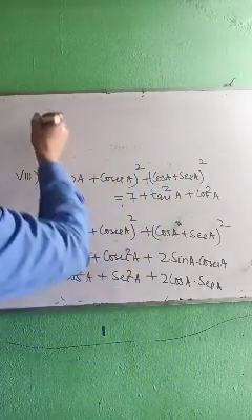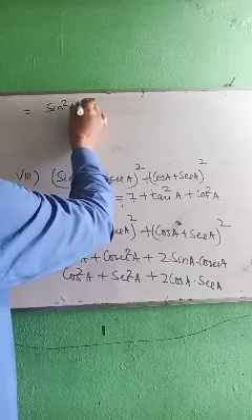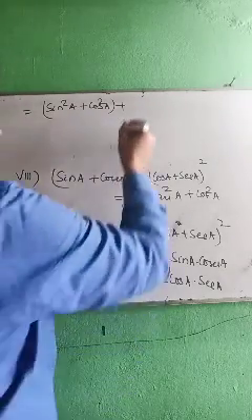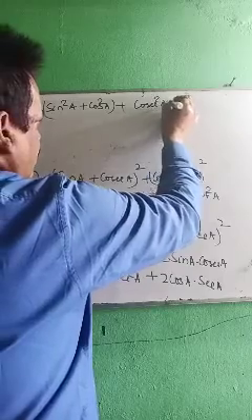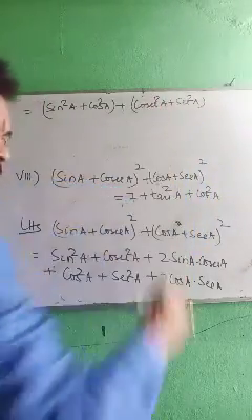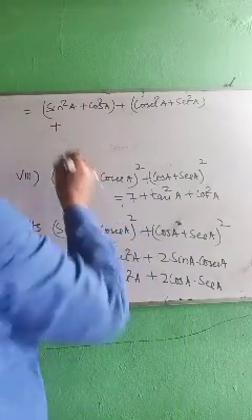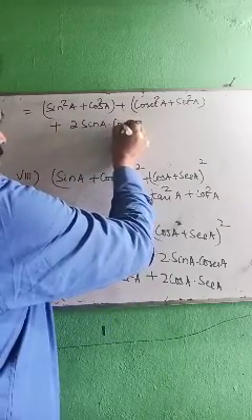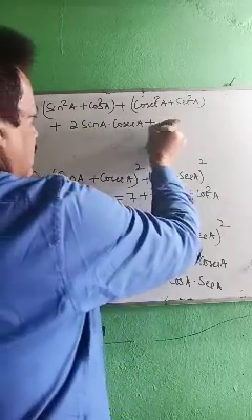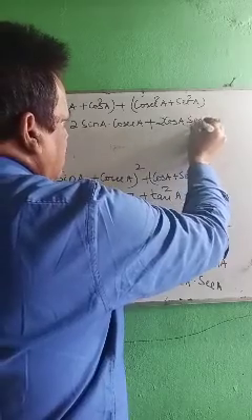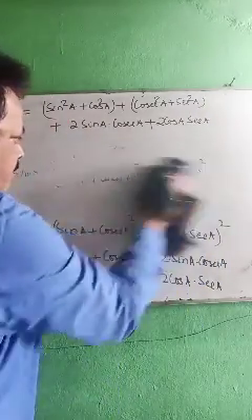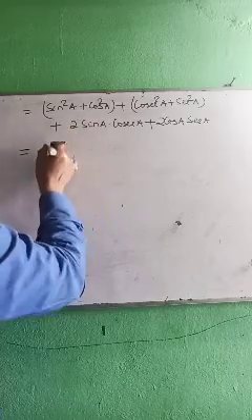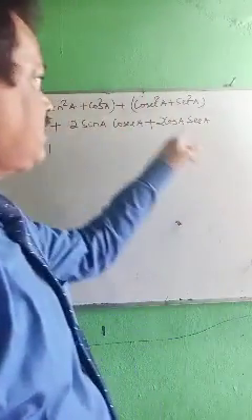So you are getting sin square A plus cos square A, cosec square A plus sec square A together, okay, then plus 2 sin A cosec A, plus 2 cos A sec A. Okay, now sin square A plus cos square A is 1, but your answer has to be in tan and cot.